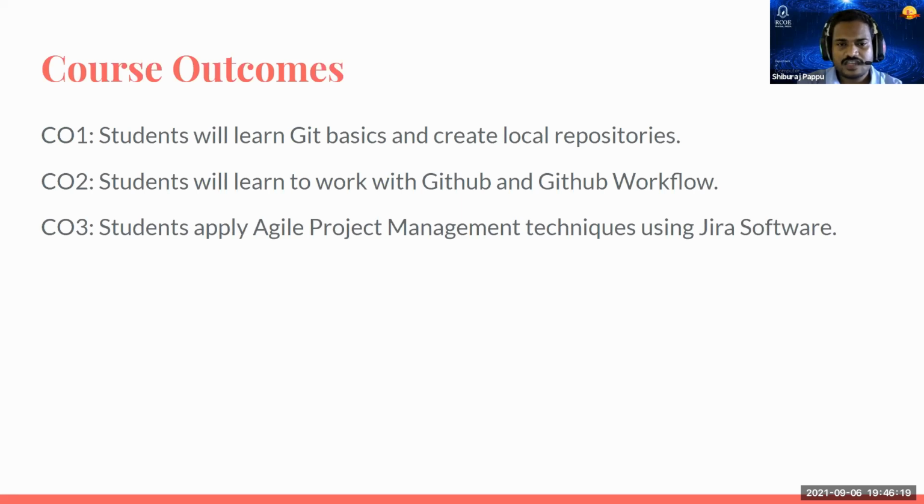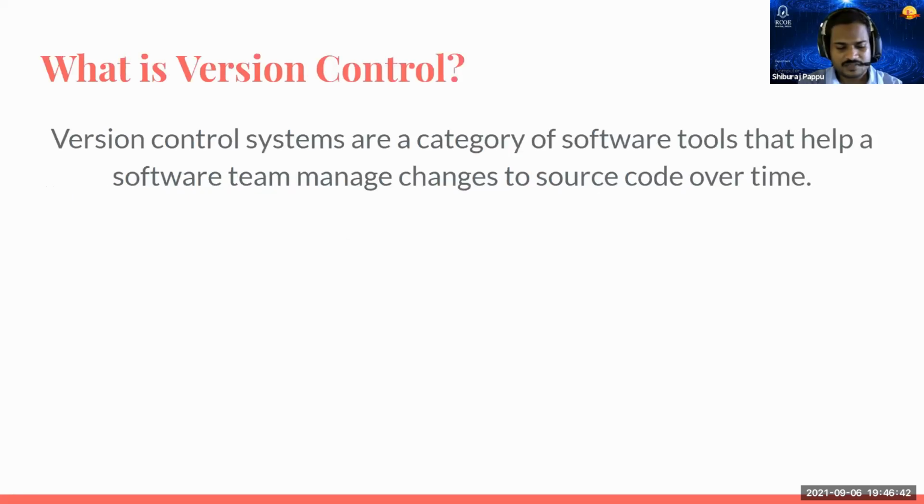It's a good thing to put in your resume. Just by attending this course, it is not going to help you understand Agile Project Management. You have to actually implement it, then only you can use it. So let's begin with the course.